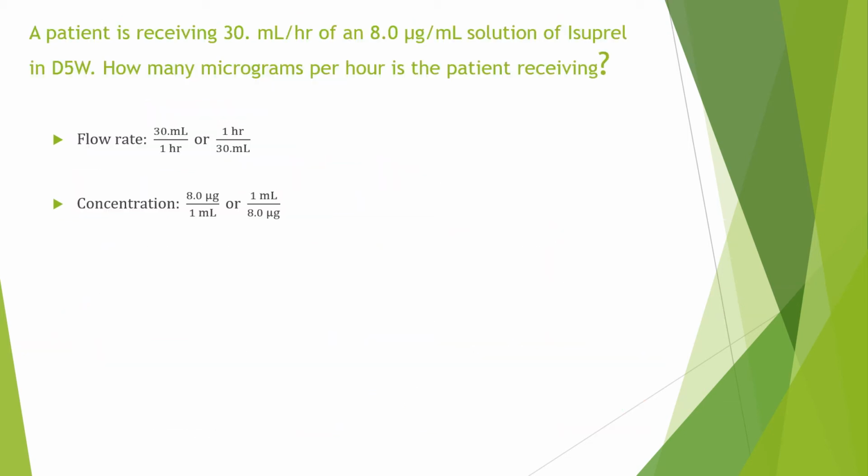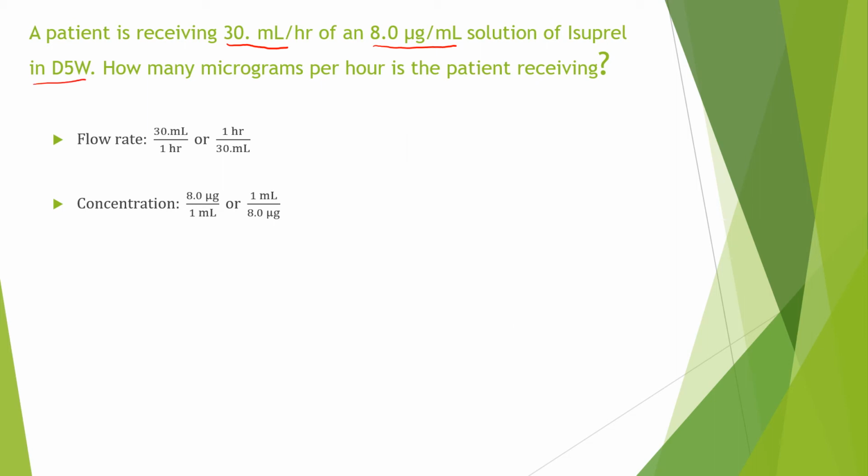Let's take a look at a problem in which we will use the flow rate and concentration to calculate the rate of medicine administered. In this problem, a patient is receiving 30 ml per hour of an 8.0 microgram per ml solution of Isperel in D5W.